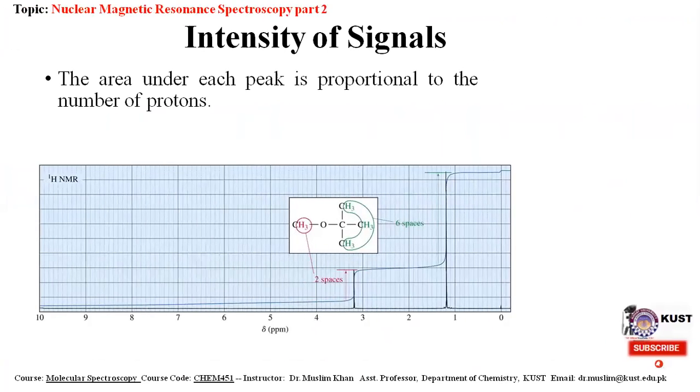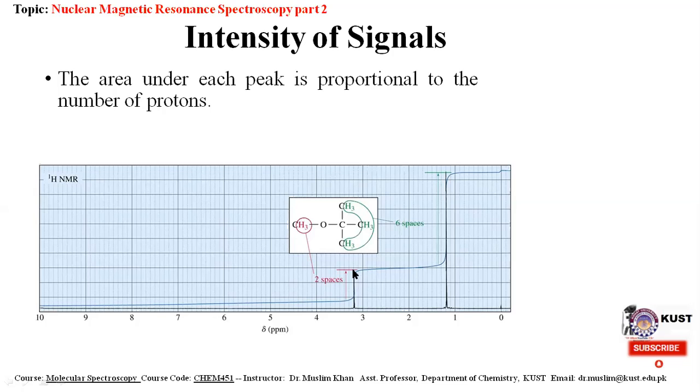So the area under each peak, or the height of the peak, is proportional to the number of protons. So whenever you are doing integration, either the area under each peak or the height, the intensity, shows the number of protons. Because here these are 3 protons, while these are 9 protons.